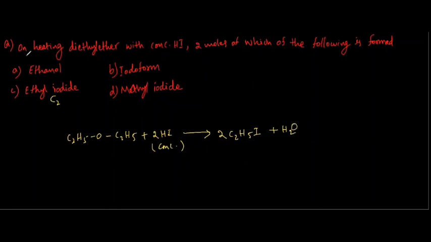So on heating diethyl ether with concentrated HI, ethyl iodide, C2H5I, is formed. This is the right answer.